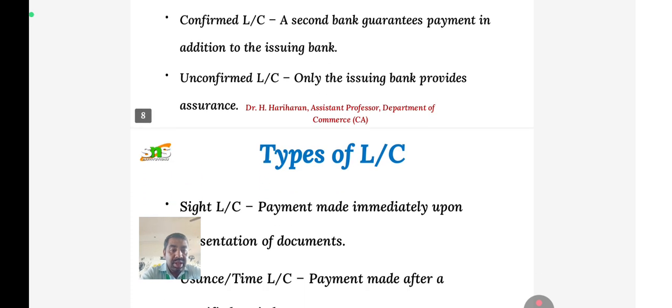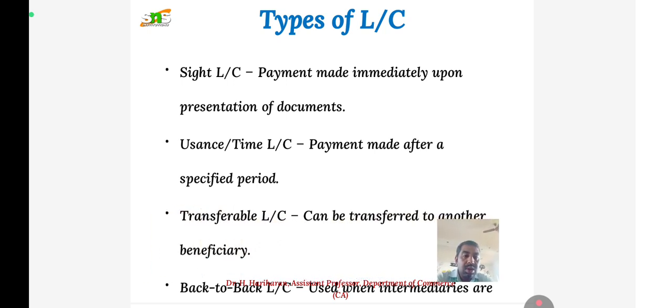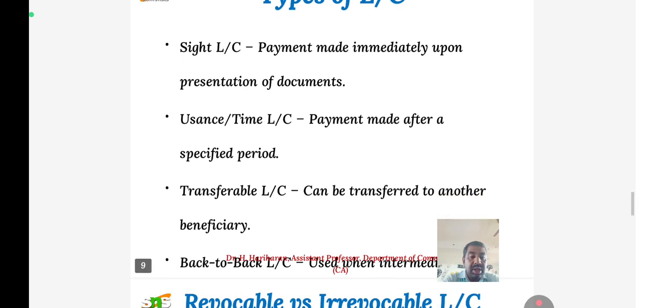Types of letter of credit continued. Sight LC: payment is made immediately upon presentation of documentation. Usance: payment is made after a specified period. Transferable LC can be transferred to another beneficiary.